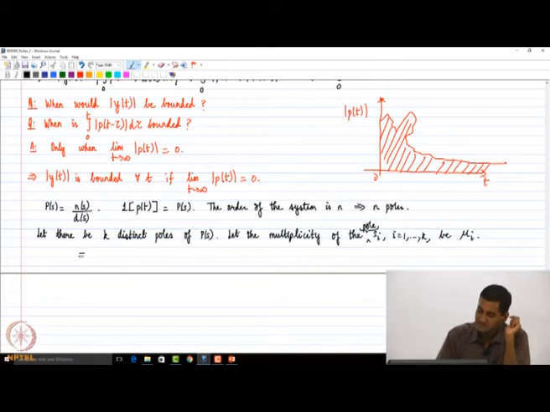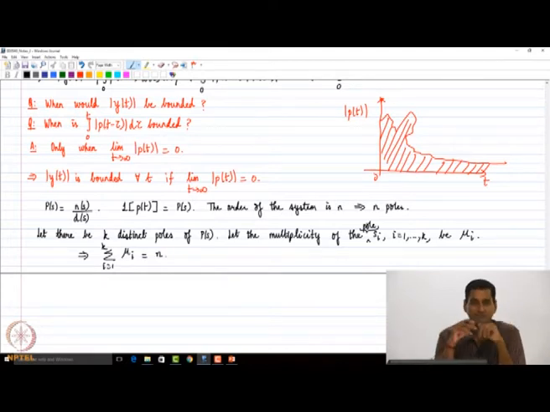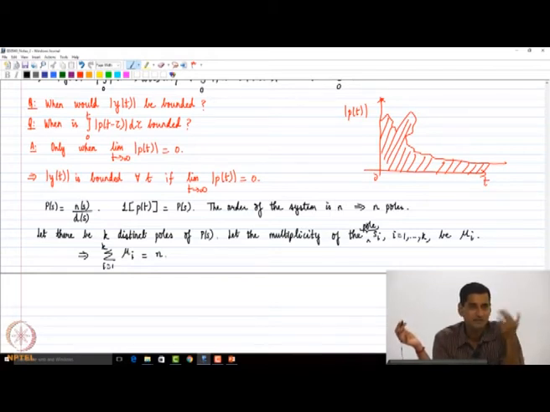So this implies that the summation of mu_i, with i going from 1 to k, should be equal to n. Let's say I have a 10th order system, with 9 non-repeating poles and the 9th pole repeating twice. The summation of the multiplicity should be 10. That I cannot violate.